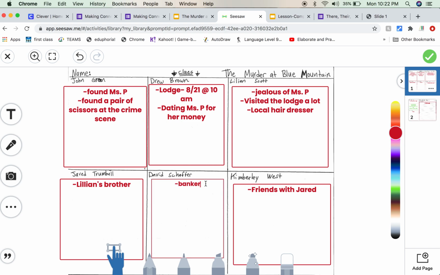Then we're going to type in was at the lodge around the time Miss Peabody was murdered. So pause and write.